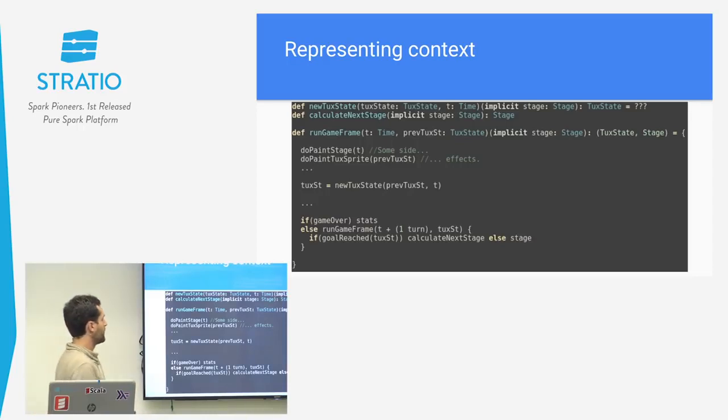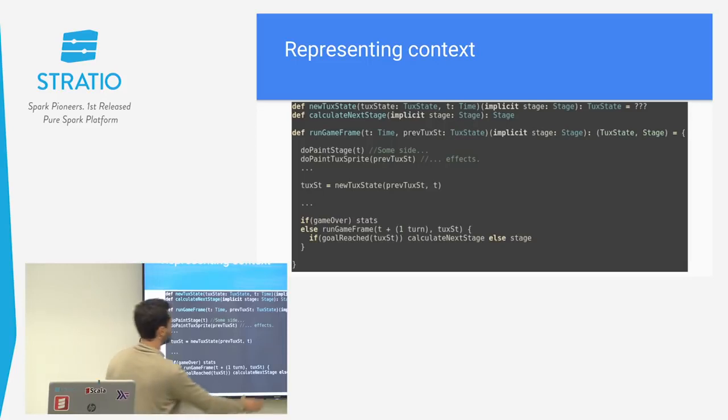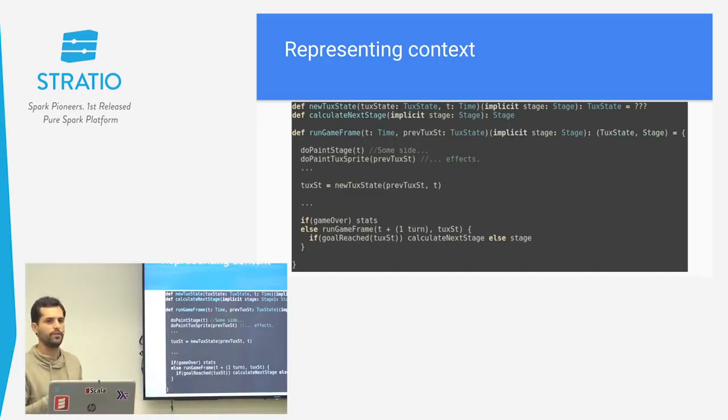Not having implicit here will require you to write a stage here, repeating it continuously. It's just like when you're talking to a friend, and you keep repeating his name continuously. It would be stupid, wouldn't it?